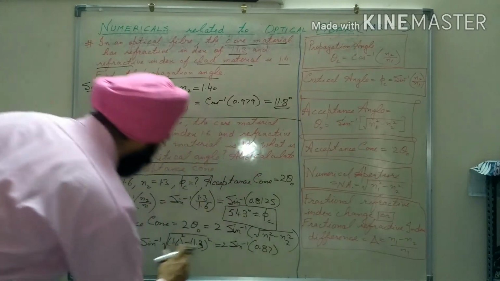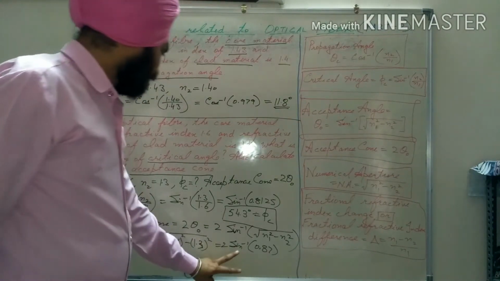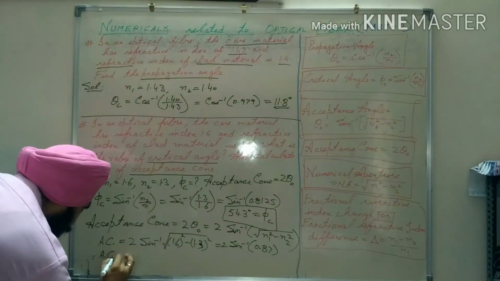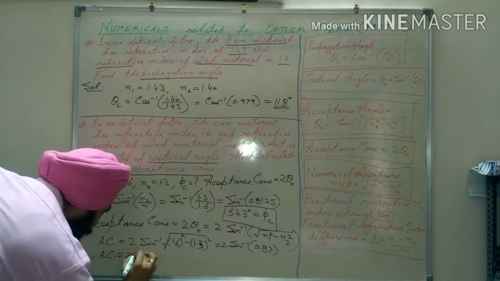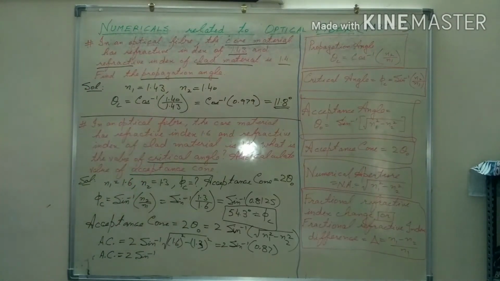After calculating and taking the square root, we just take sine inverse of this thing from the log table.